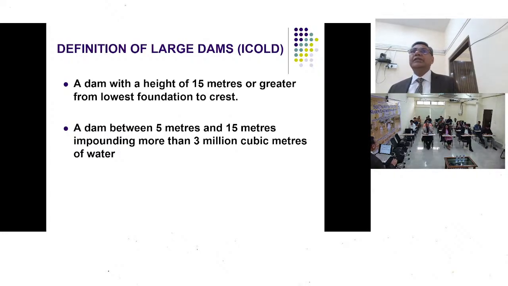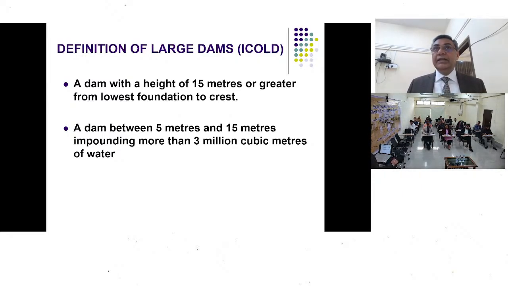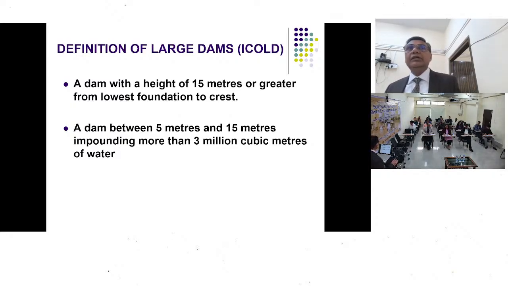So that is why we say, okay, even a dam having a height varying from 5 meters to 15 meters, but whose reservoir is going to impound a capacity of more than 3 million cubic meters of water, will be termed as a large dam.